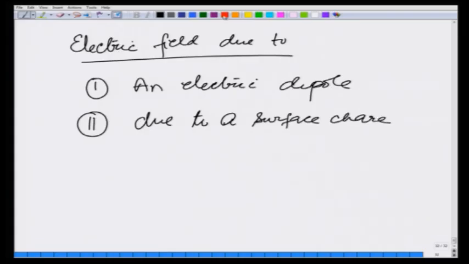In example 2, you will also learn a trick to deal with such cases. In both the cases, we will be doing some limiting processes. So, this is quite an instructive and important lecture.